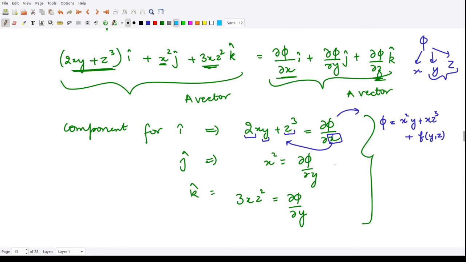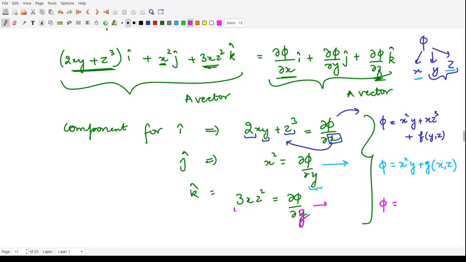For the next value, if you integrate this, you will obtain phi equal to, now we are integrating with respect to y, so you will have x square y, and also some another function, say g, of the remaining quantities which are x and z in this case. So you have the function of x and z. And for the third case, when you integrate this, you will have phi equal to, now you are integrating with respect to z, right?